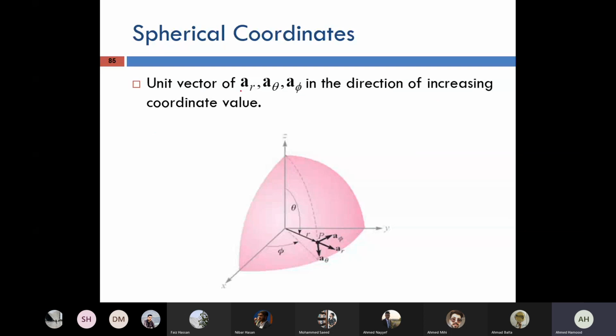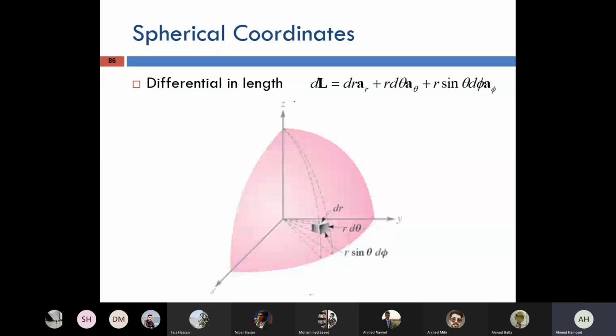The differential length dl is equal to differentiate based on r, based on theta, and based on phi, but you have to add this one, r sine theta. As long as you know how to use the equations, it is good enough.